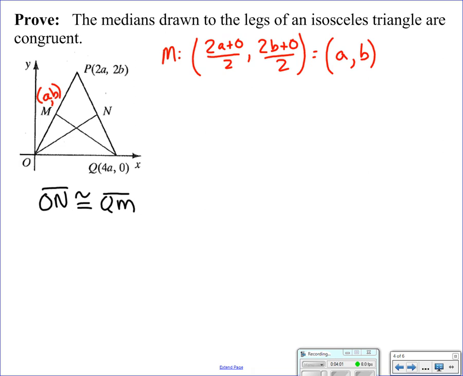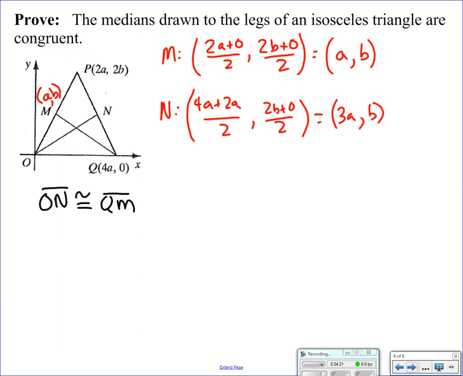And then find the coordinate of N. So 4A plus 2A over 2 and 2B plus 0 over 2. So I get 6A, so that's going to be 3A, comma, B. Now notice how they chose the points for this proof.